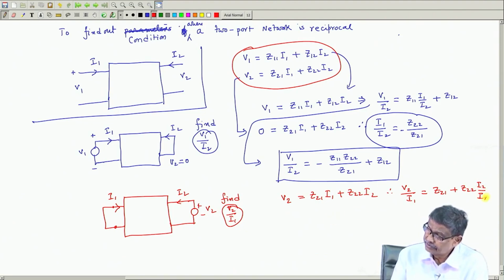Then who will give me this ratio I2 by I1? From the first equation, V1 is equal to 0.